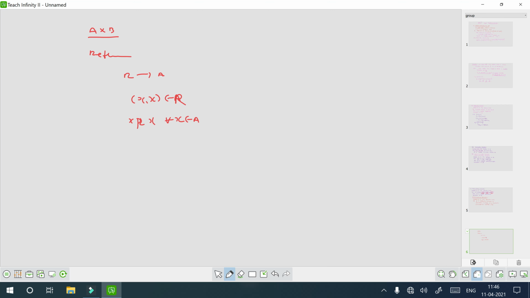And one more thing, when we say that it is a symmetric relation: if (x, y) belongs to R implies (y, x) belongs to R, then it is symmetric. And one more thing, xRy and yRx implies x is equal to y, then it is a skew symmetric relation.